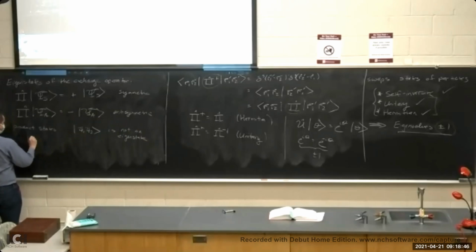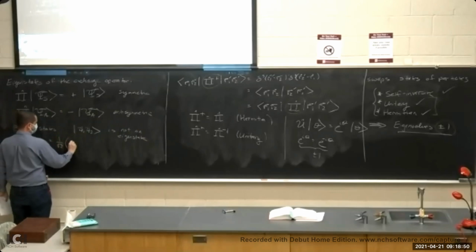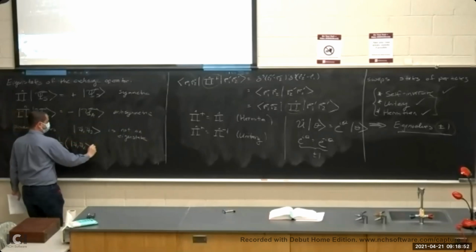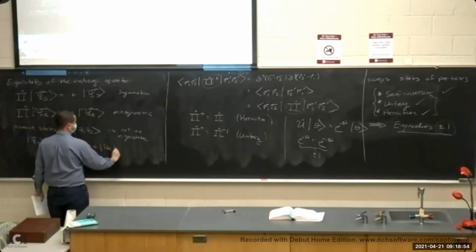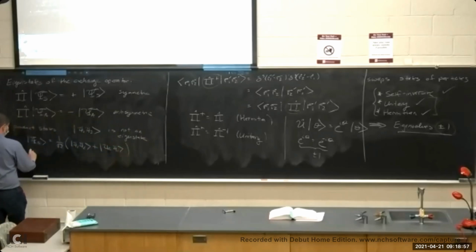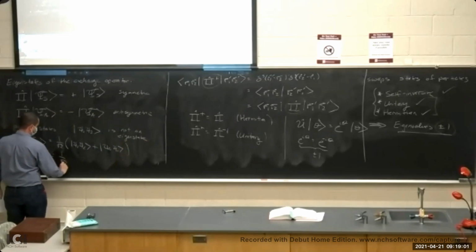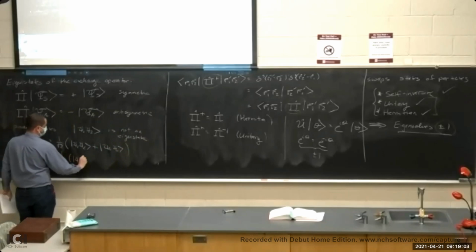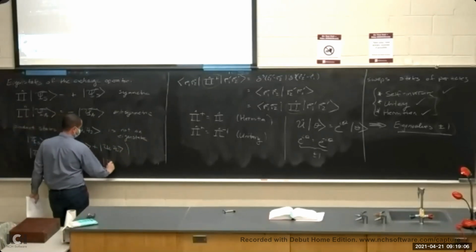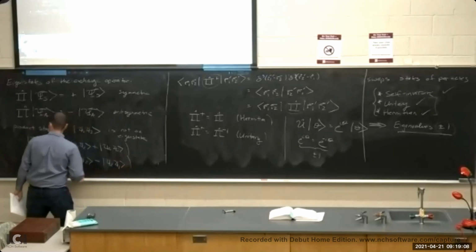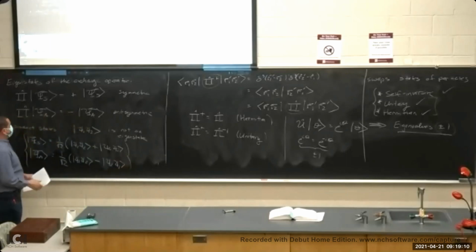So I can construct psi symmetric as 1 over root 2 times |psi1, psi2> plus the exchange combination |psi2, psi1>. And I can construct the anti-symmetric state with a relative minus sign: |psi1, psi2> minus |psi2, psi1>. So these are the eigenvalues of this operator. For a product combination of states, these are the eigenvectors.